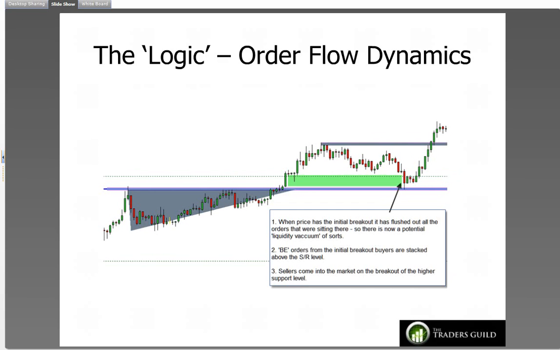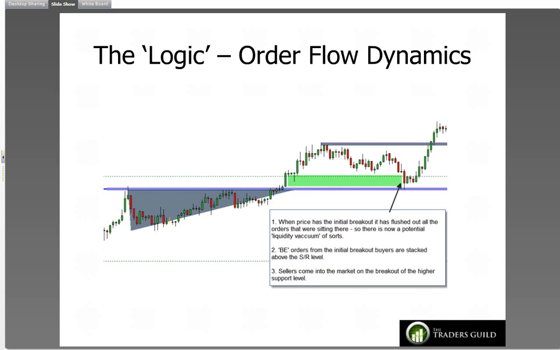And the last thing to consider from an order flow perspective is what happens in this gap here. This is important because it tells us how price should move into our FTB area. When price breaks out of this area, it clears all the orders in this area.